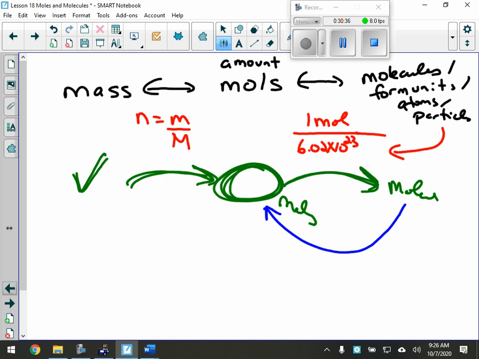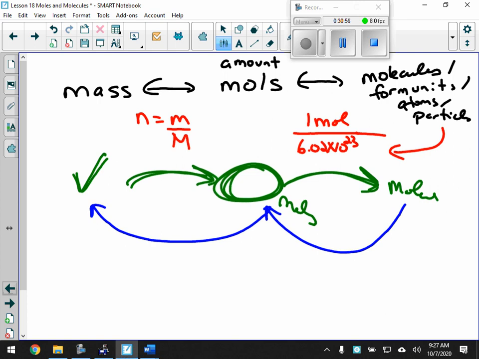Okay, just look up here for a second. Molecules to moles, or atoms to moles, or formula units to moles, or whatever to moles, and then moles to mass, yes? So we're just going to work backwards. That's all we're doing here, okay? Same formulas, same ratio, just working backwards, okay?